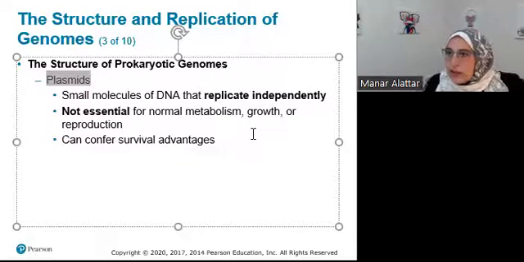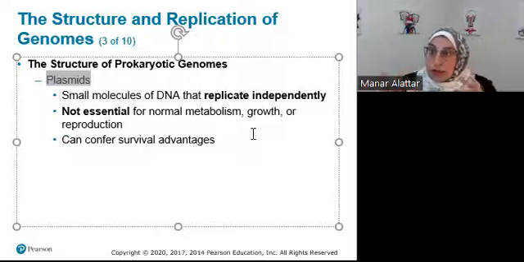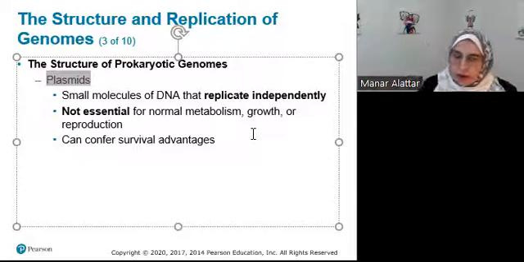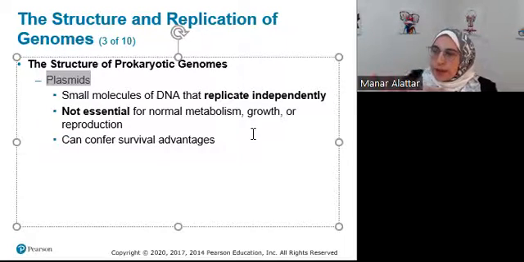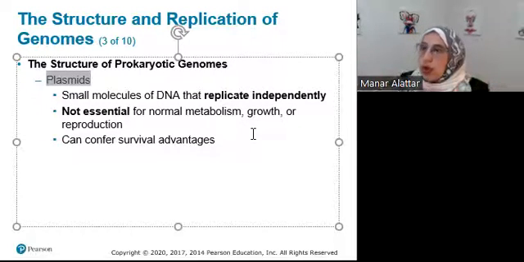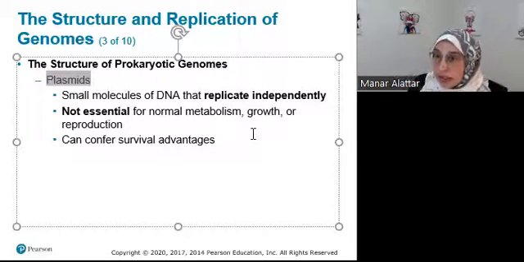So you have fertility plasmids that allow for the cell to actually make what we call conjugation pili. We talked a little about them when we talked about the structure of prokaryotes, but essentially they're pili that can attach to fimbriae on the surface of a cell and actually make a tube where genetic information can be transferred.